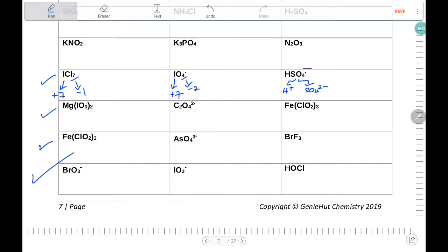Many students will think that this minus charge belongs to SO4, but no, it's the overall charge of the HSO4. So SO4 is 2-, H is +, plus -2, you get minus. So H is +1. Again, O being more electronegative, I fix it first, and S would be +6.